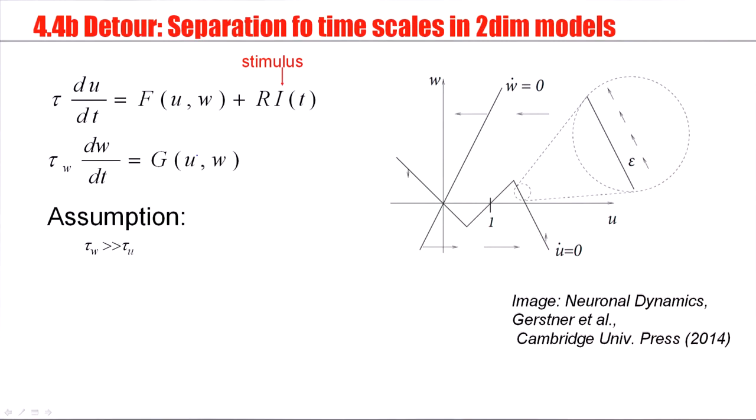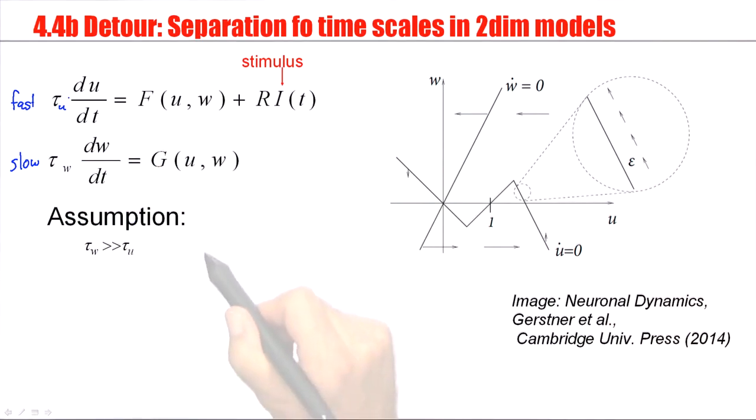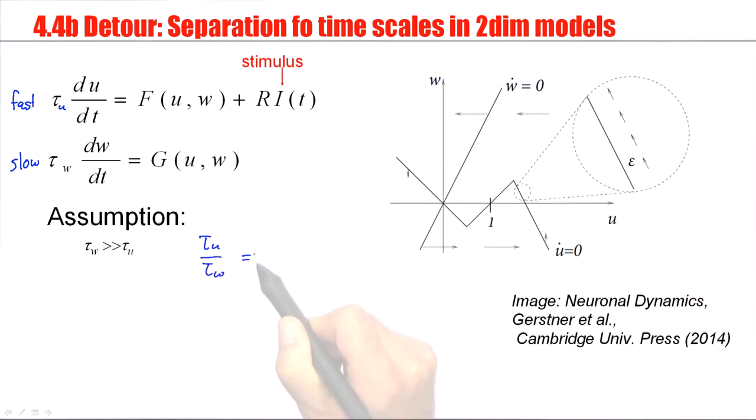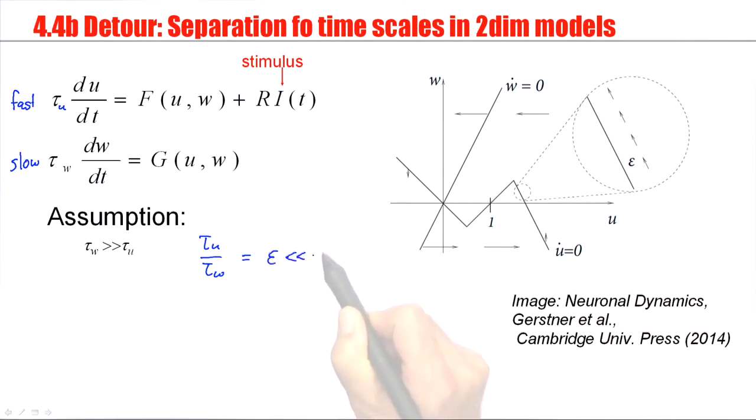Let's just make a little detour about this notion of separation of timescales. So we said that the timescale tau W is slow compared to that of the voltage variable U. So let's look at the ratio tau U over tau W. Now this is a small number. It's unit free.